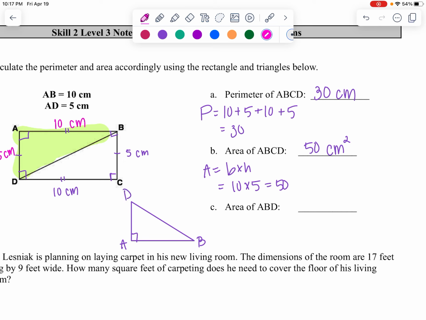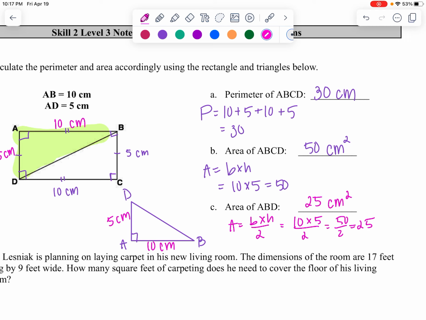Here our base is the 10 centimeters and our height is the 5 centimeters. And we know it's just going to be base times height divided by 2. So my base was 10, my height is 5, divided by 2. I have 50 divided by 2, which gives me 25. So it's going to be 25 centimeters squared.